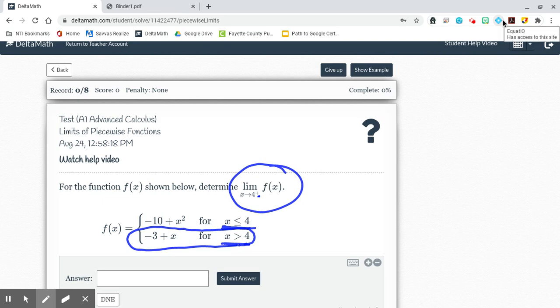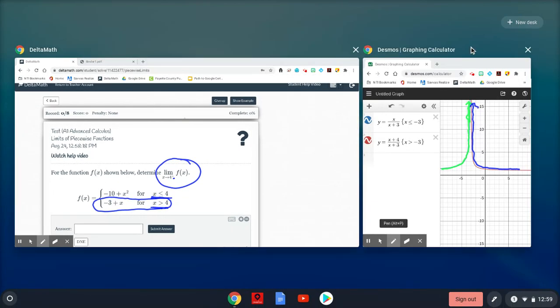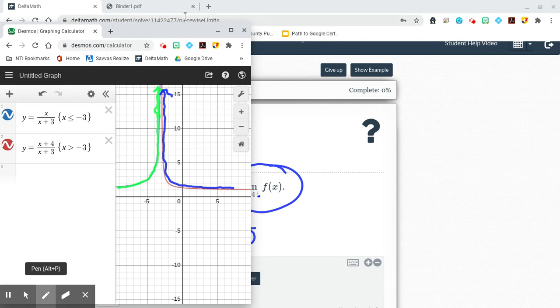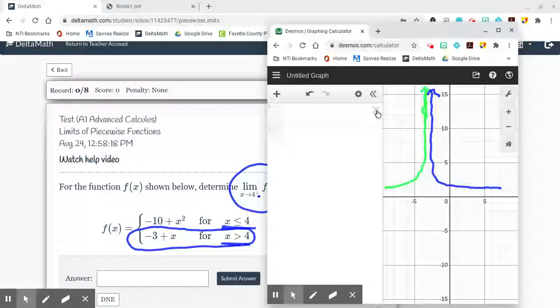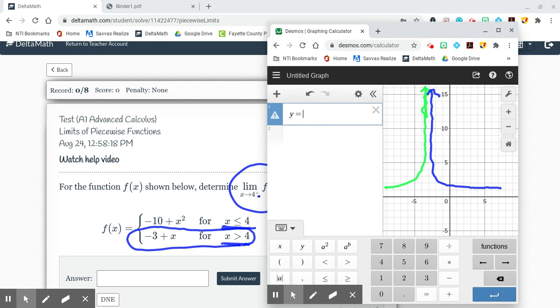So you can graph this in Desmos, -3 plus x. Pull it over here and get rid of those. Okay, so y equals -3 plus x.